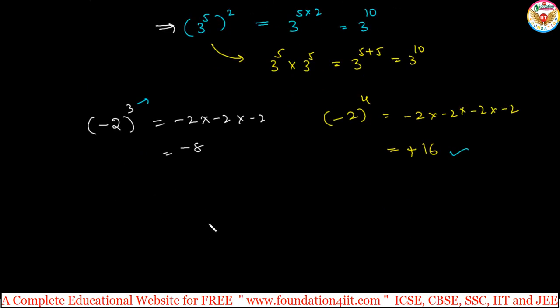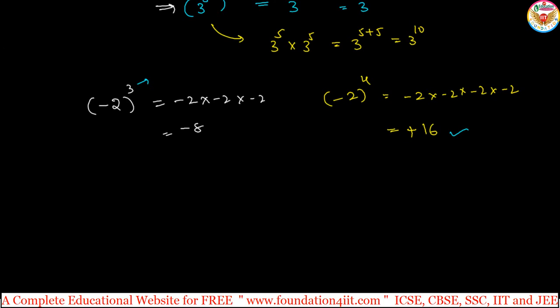So we can write two statements using this. First one, if n is even, then minus 2 to the power n is positive. Not only minus 2, even minus 3, any base that is negative.